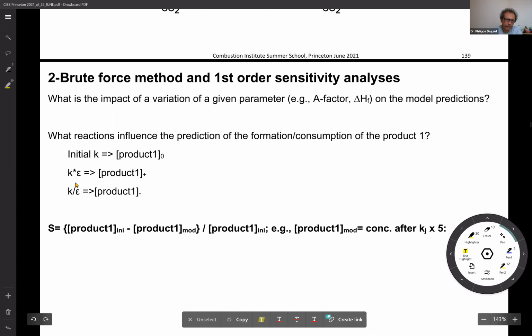And if you divide this rate constant by a small factor, you will get another answer. And the sensitivity will be the difference of these divided by the initial predicted concentration. And this will tell you how important the kinetics are here on the formation or consumption of a given species.